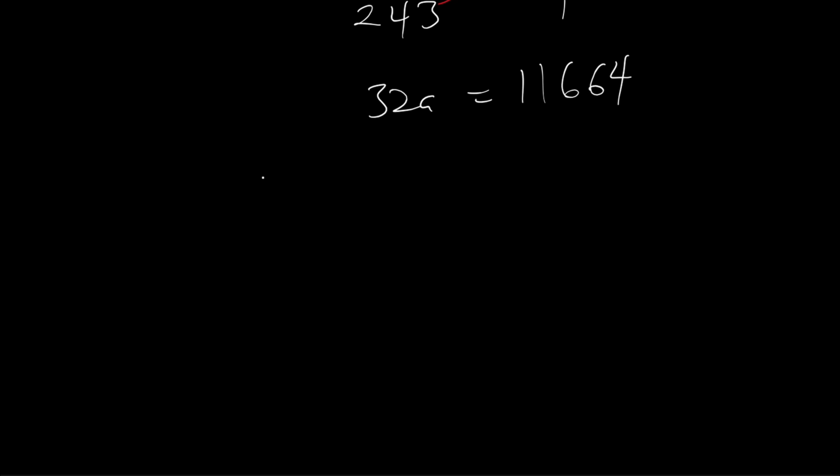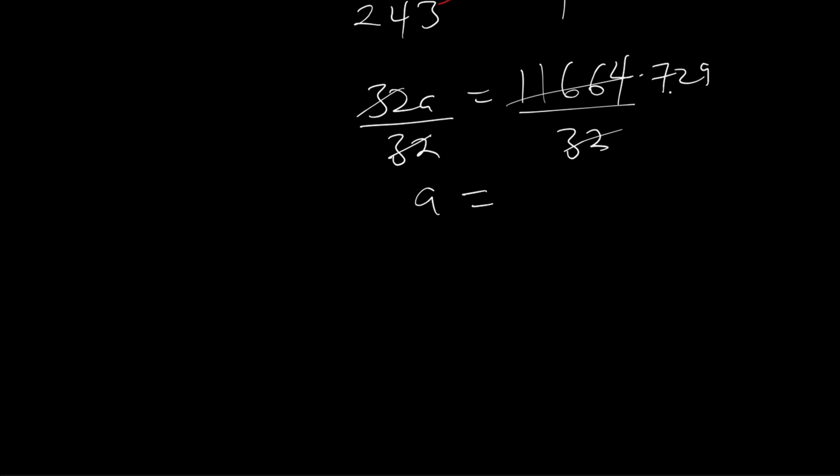So to find A, we divide both sides by 32. 32 cancels 32, we'll be left with A. So our A will be equal to 729 over 2.